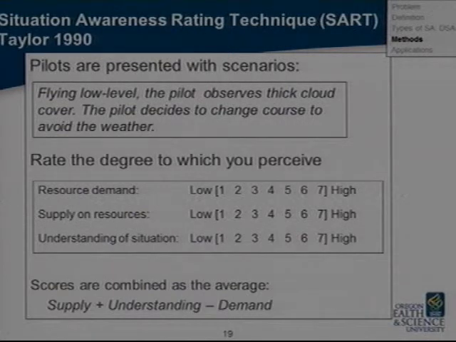In this, we can take Taylor's generic set of constructs: what was your demand on attentional resources, what were your resources, and what was your understanding of the situation. We can also ask them to rate their perceptions on the subcategories, and this is analyzed by summing together the measures and then seeing if there's a difference between a case and control situation.